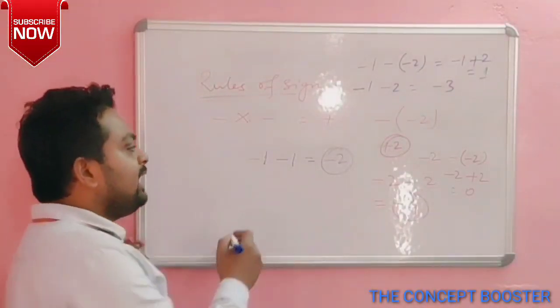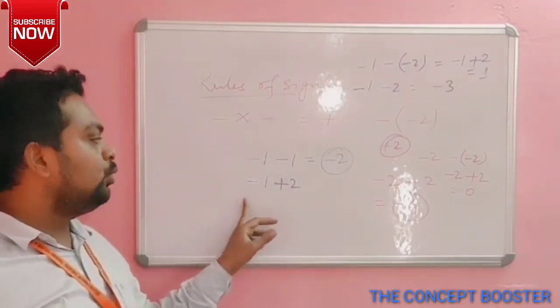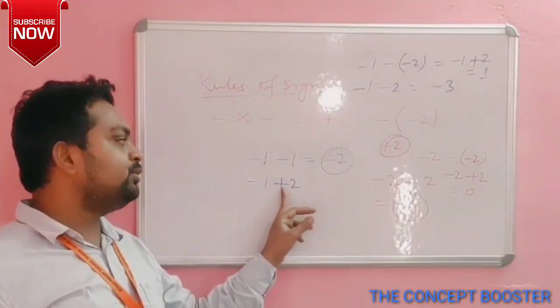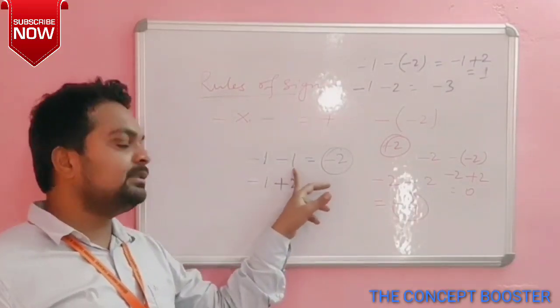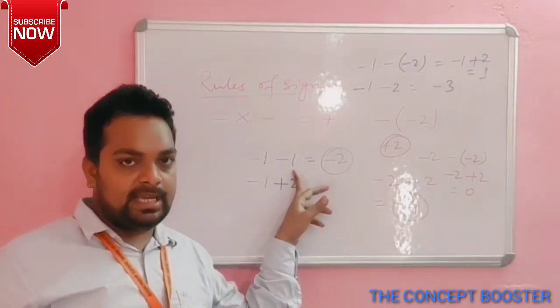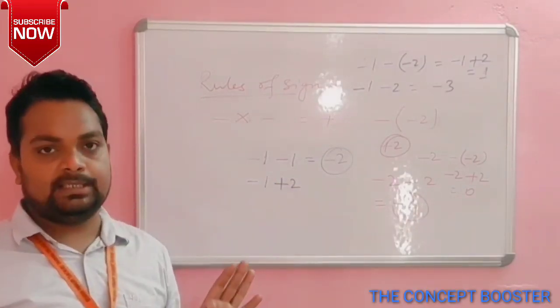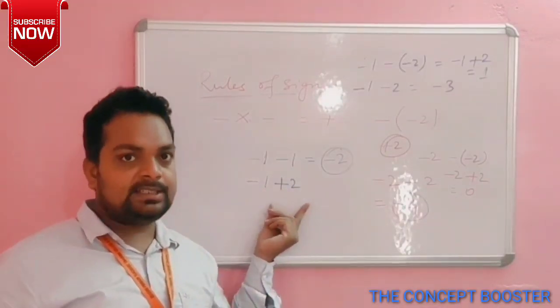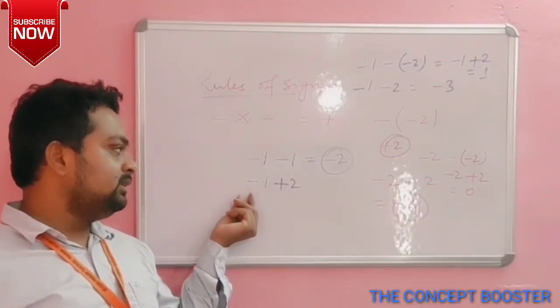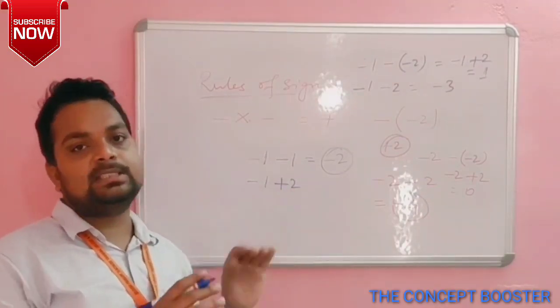Okay, if you have two different signs like minus 1 plus 2, here we have to add only, but we have two different signs. So when you have two similar signs, always you have to add, and when you have two different signs, always you have to subtract, and you have to subtract the smaller number from the greater one. Okay, and just keep this in mind that for the sign you will put only the sign of the greater number.